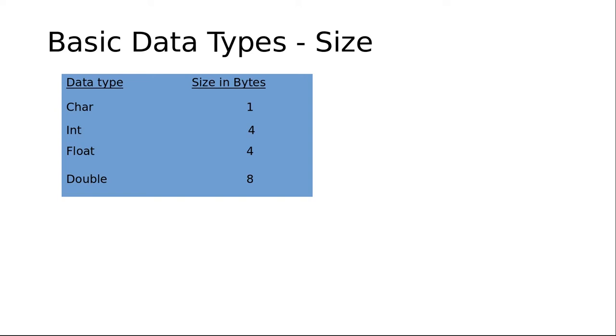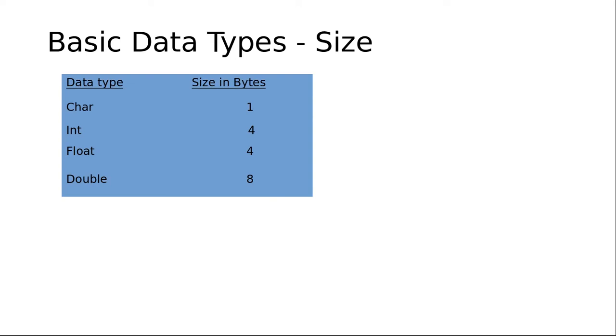So whether you work on 32-bit or 64-bit machines, the size of an integer is 4. If you work on 8-bit or 16-bit, it is 2. The float occupies 4 bytes of memory and double occupies 8 bytes of memory.